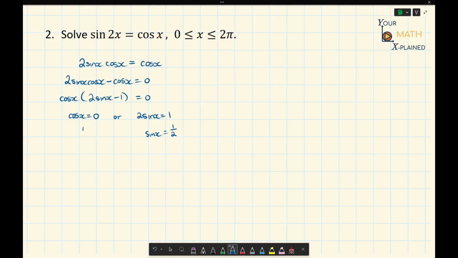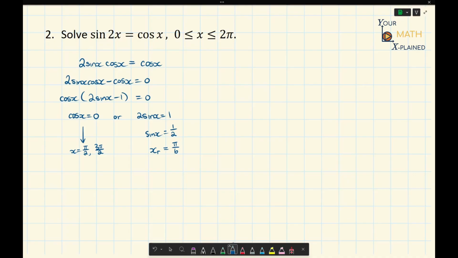Now from this first equation, we get x is equal to pi over 2 or 3 pi over 2. And those would be the two solutions within this domain here. Now for our second equation, this would have a reference angle xr of pi over 6.